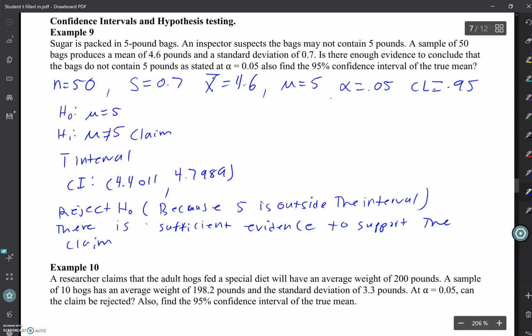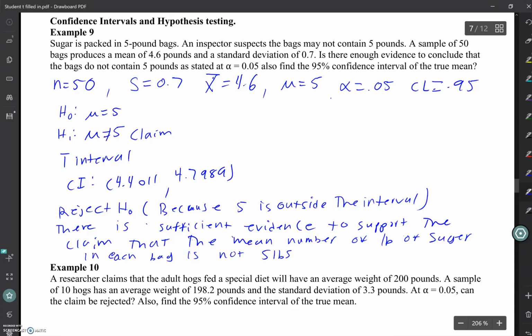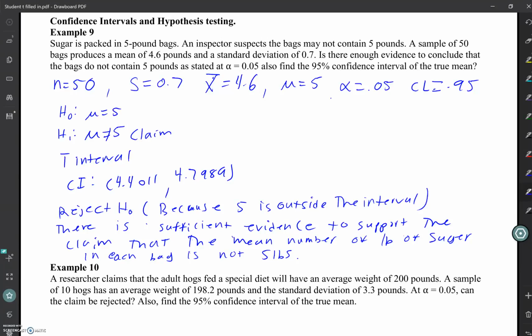We're going to support the claim that the mean number of pounds of sugar in each bag is not 5 pounds. So we're saying it does not contain 5 pounds.